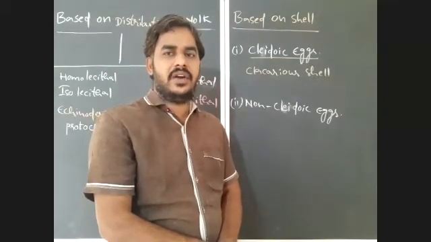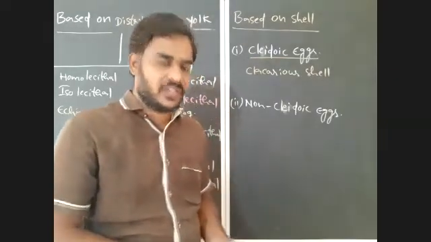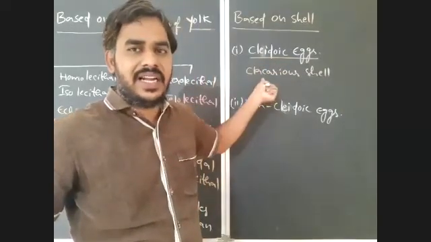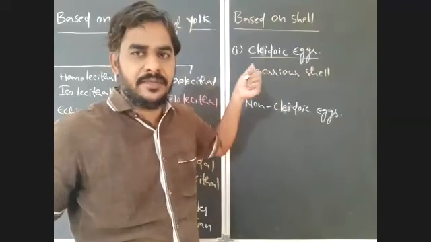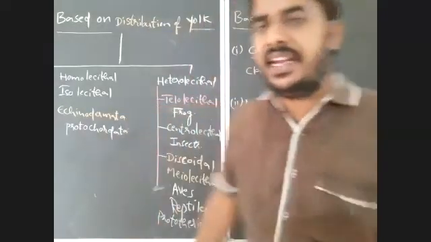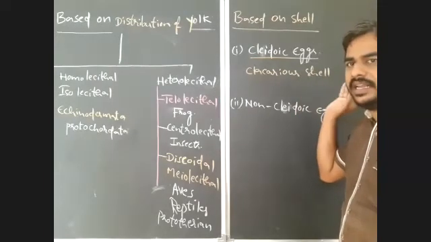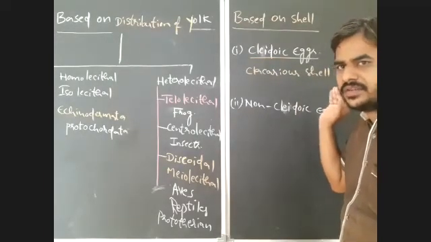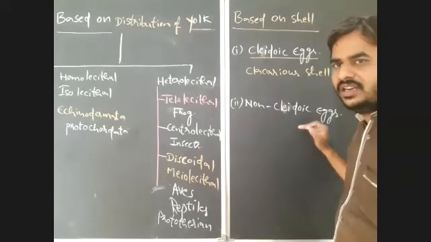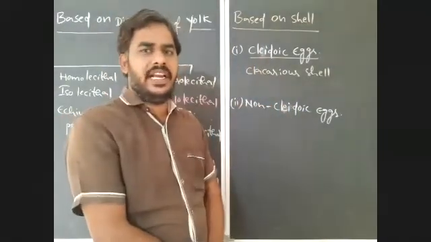What about non-cleidoic eggs? The egg without shell. If the eggs are covered by a calcareous shell, those eggs are known as cleidoic eggs. If the eggs are not covered by a calcareous shell, those are non-cleidoic eggs.